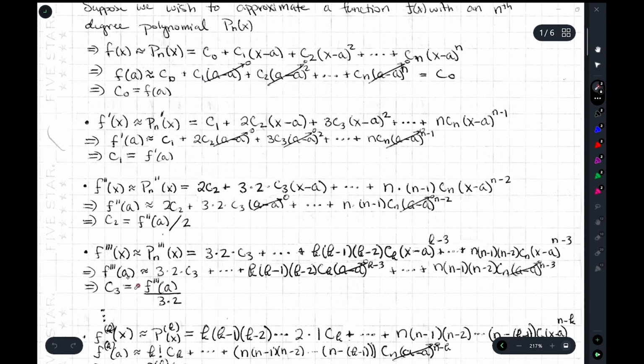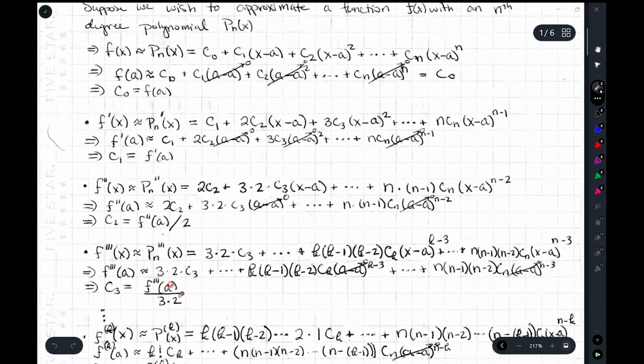Plug a into the polynomial approximation and into the third derivative of f, and you should set c_3 equal to the third derivative of the function f at a.